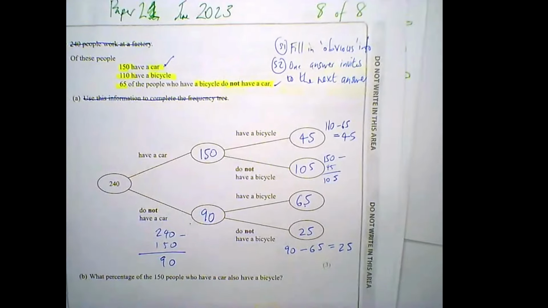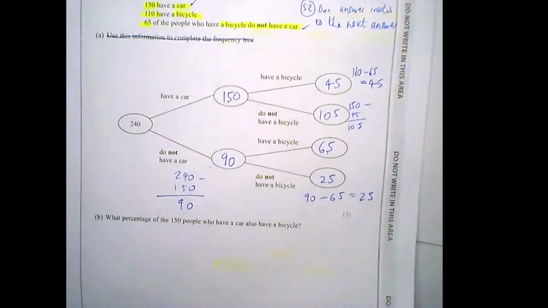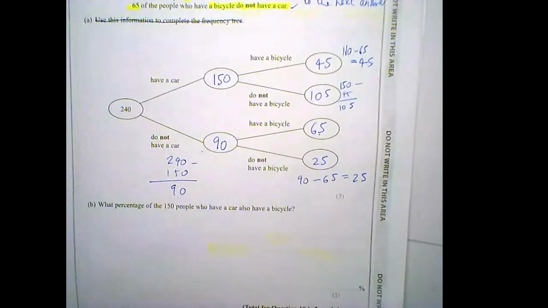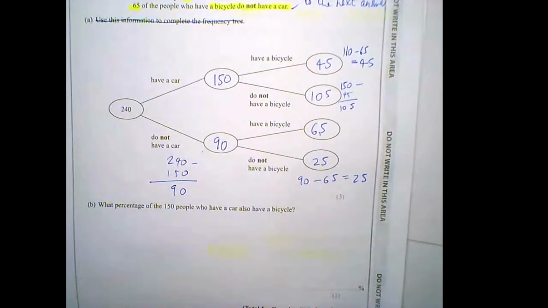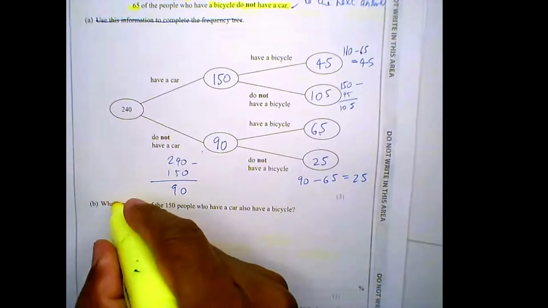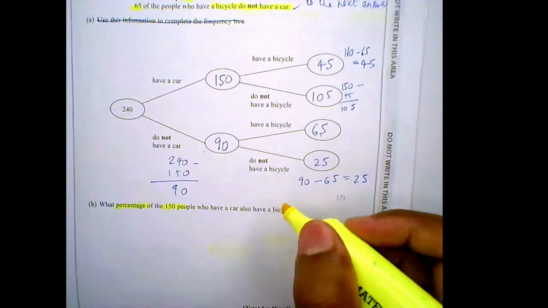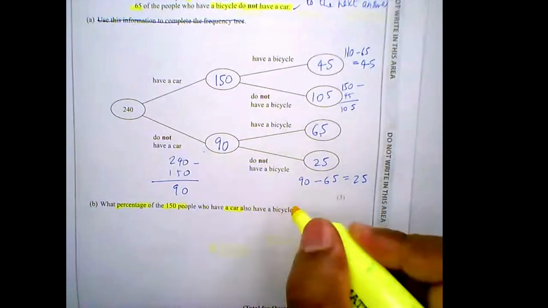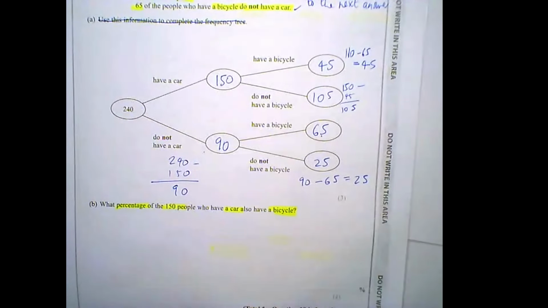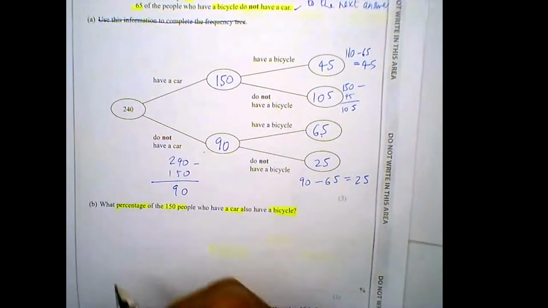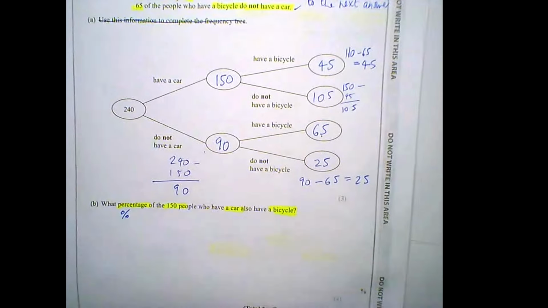I hope you got that correct. Let's look at part B now. What percentage of the 150 people who have a car also have a bicycle? So we're now looking at percentages, slightly different from previous questions.